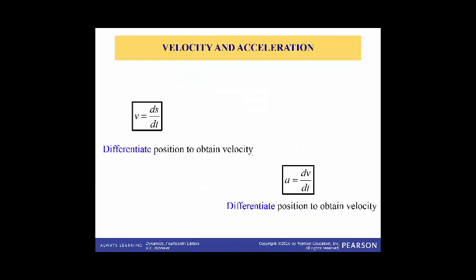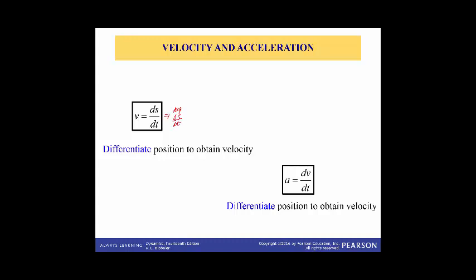And velocity is ds over dt. So if we have this velocity, remember, if it's the average, it would be delta s over delta t, okay?